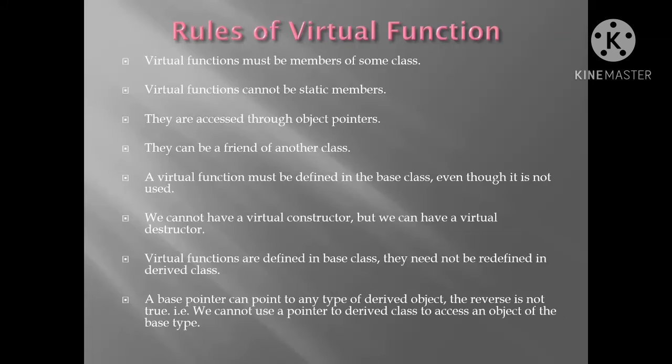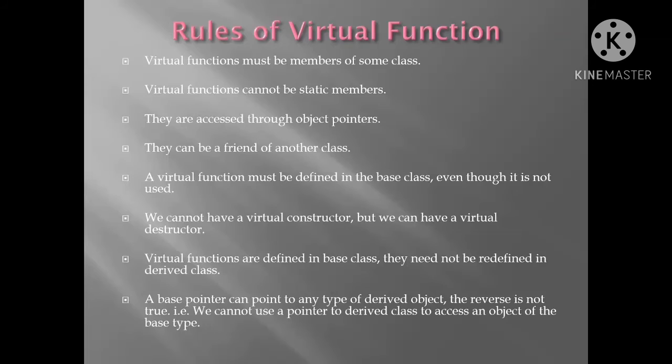Third one, they are accessed through object pointer. So if you remember in the example what I did, I created a pointer to a base class. Without creating a pointer, you cannot access the virtual function. That's why it is necessary to create an object pointer of a base class.